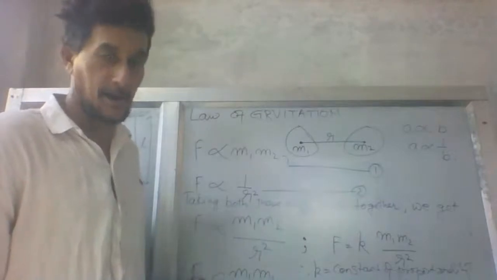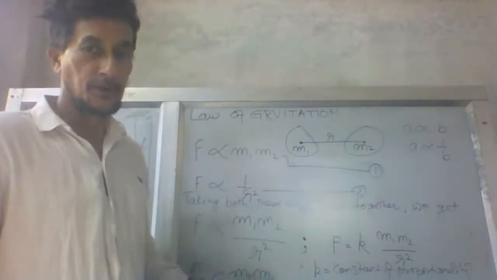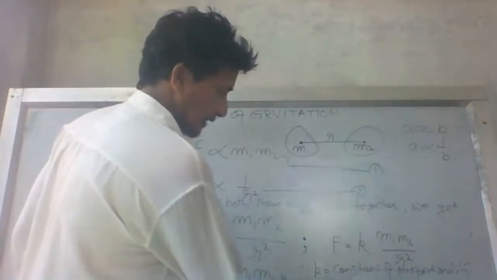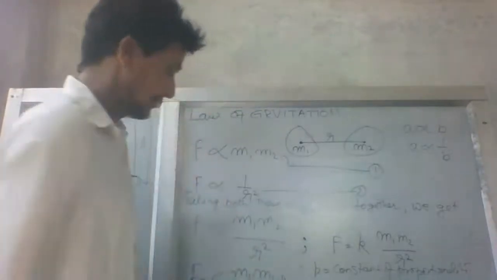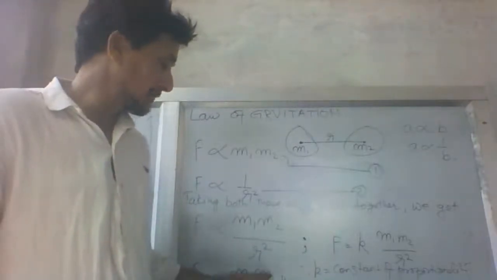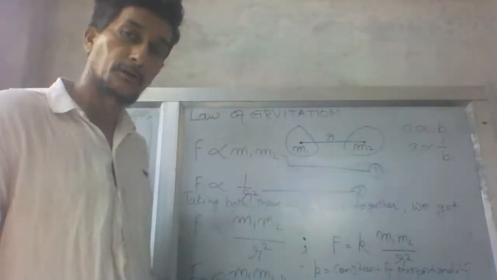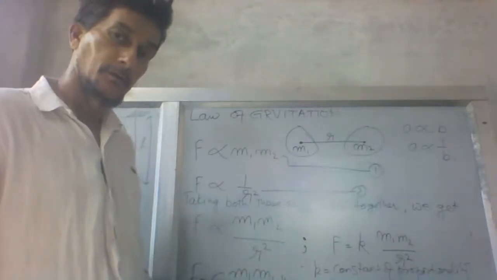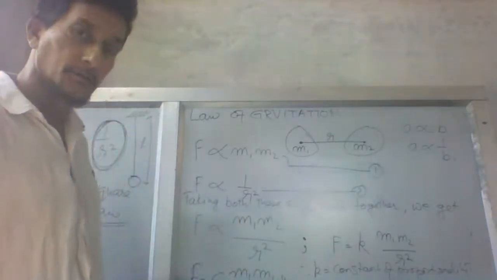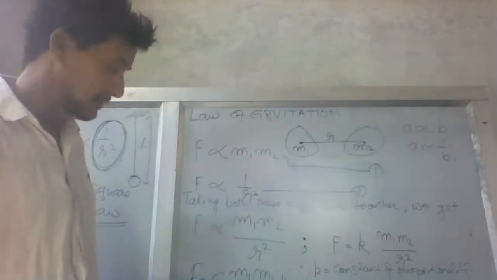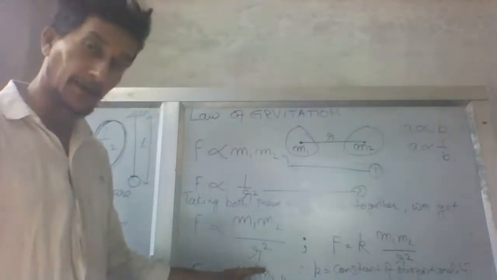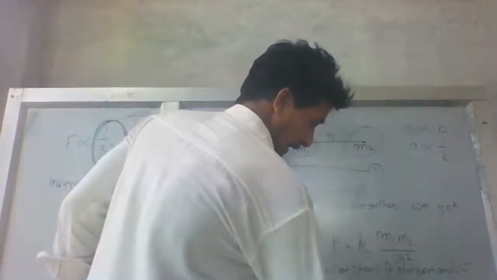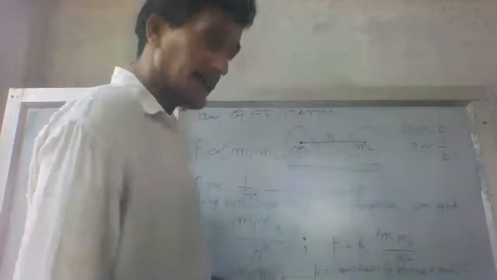As this is the force F, the unit of this will become Newton, or simply N. What is this? m1 m2 is kilogram into kilogram, kilogram square, upon r square.